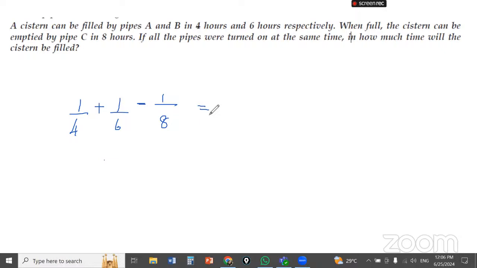Yes, Jocelyn, the answer is right. Aditya, you're right. Aditya, just reverse it, the reciprocal of it. By adding and subtracting, this is what you get, but the answer is the reciprocal of it. And put it in mixed fraction.